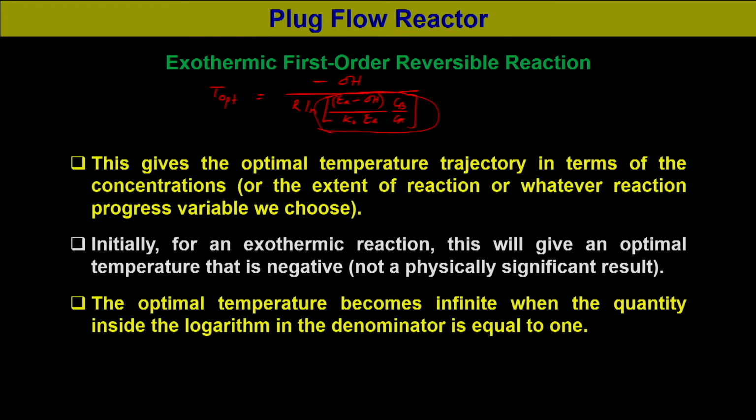So, that means the term CB by CA is equal to K0 EA by (EA minus delta H). When this is equal to this, then these terms become unity inside the logarithm.